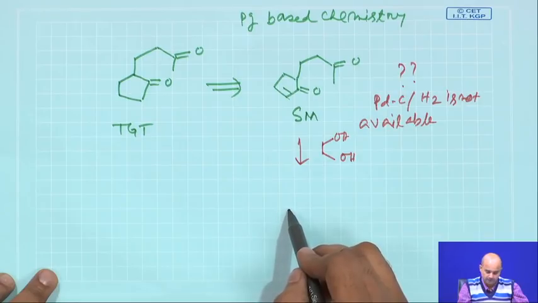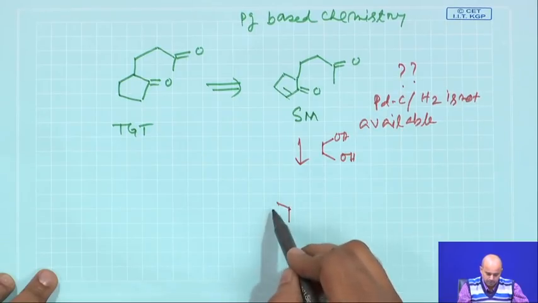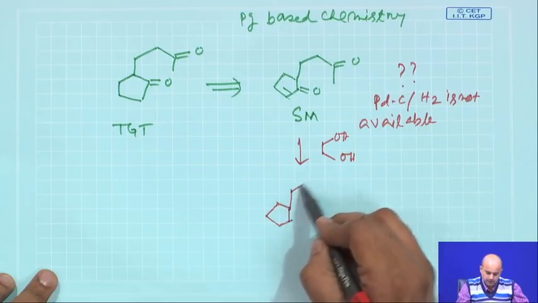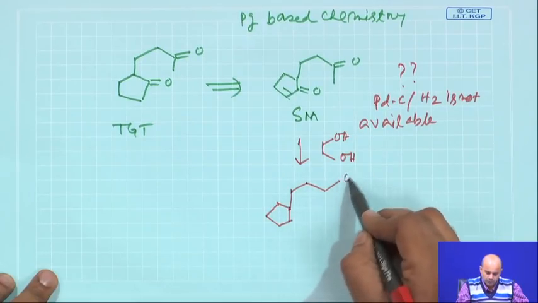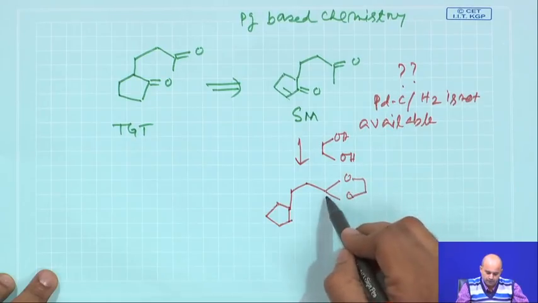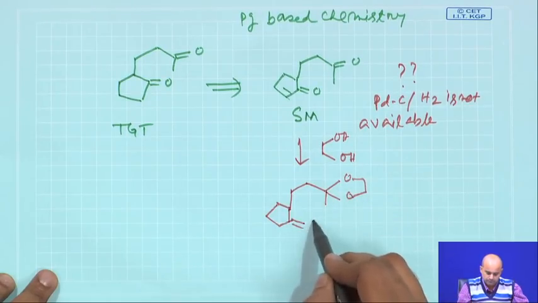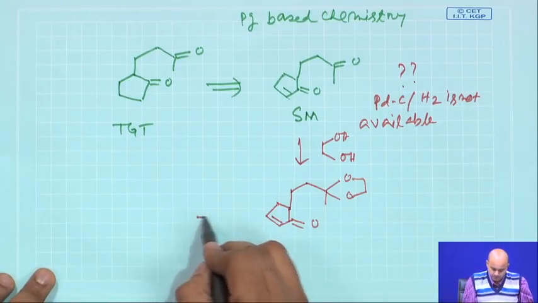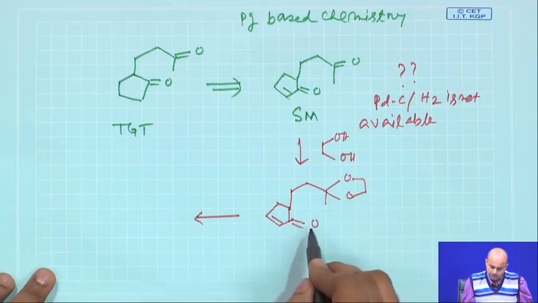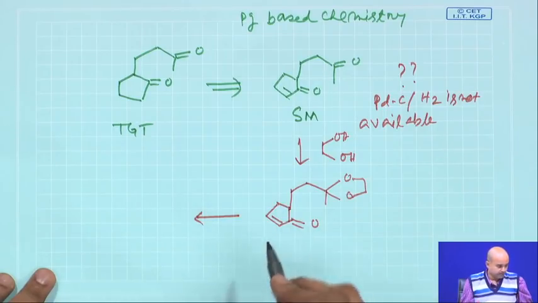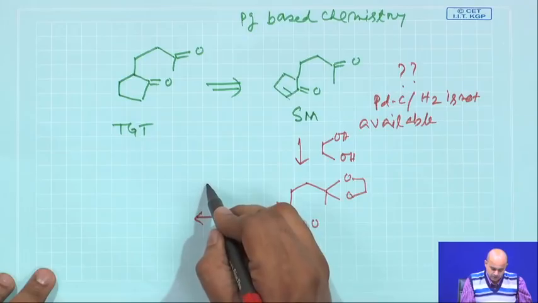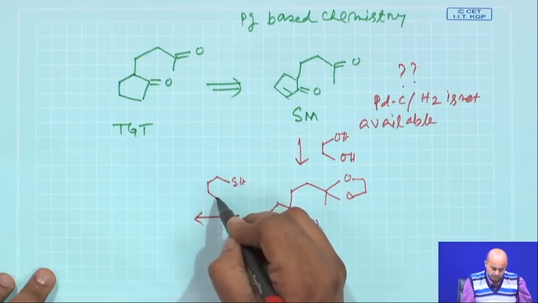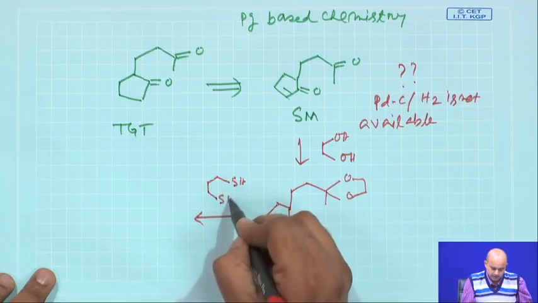Now, this reagent is basically 1,3-dithiol, which we earlier explored and explained. Now, this ketone is still there, so this alpha beta unsaturated ketone you now need to protect with the corresponding 1,3-dithiol.